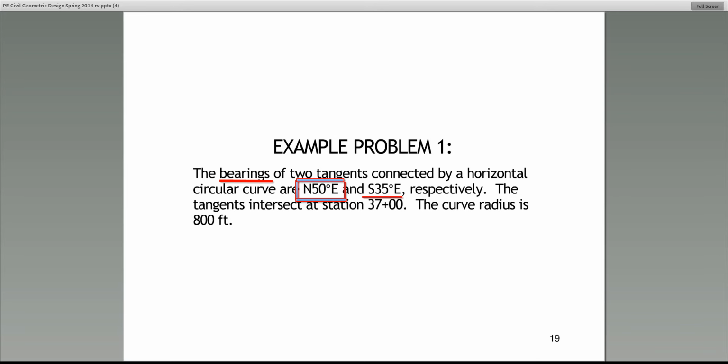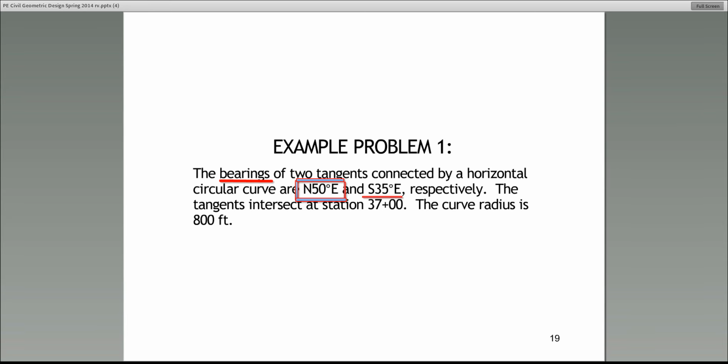Guys, the concept of bearing is very, very important, and what I'm going to do is use this problem to demonstrate to you what bearing means. Certainly, you need to know what that means for this problem, and there have been questions dealing with bearings of lines just on their own, not necessarily related to a curve.